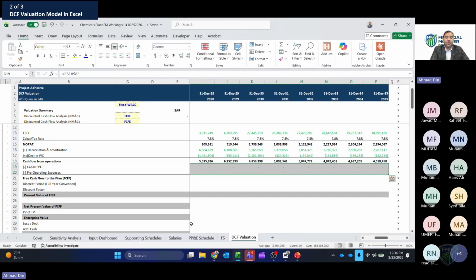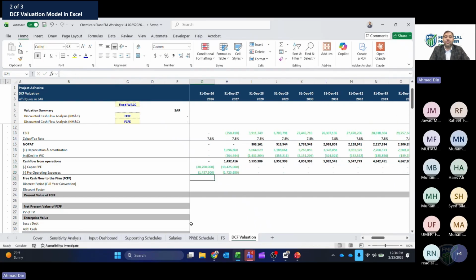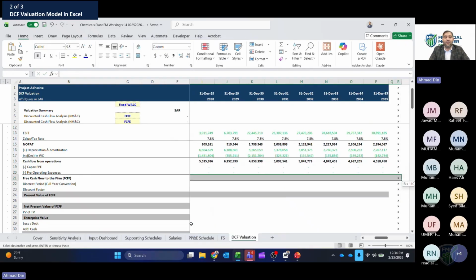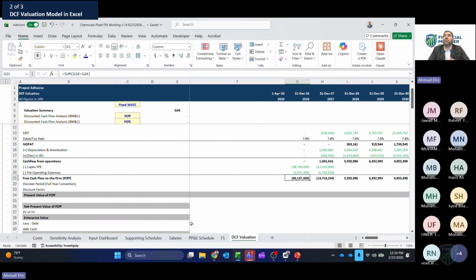So we did that. By summing up all these, free cash flow from operations plus or minus these capex, we have our free cash flow to firm. After this, clear? We have calculated our FCFF by using our three-statement model. Any questions?